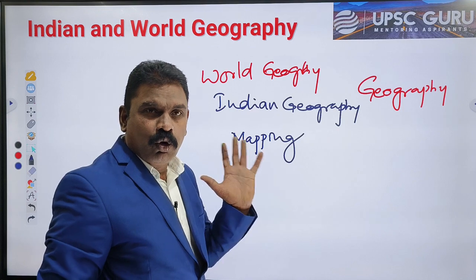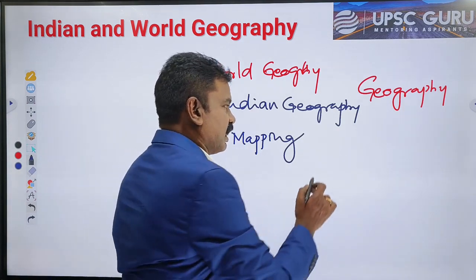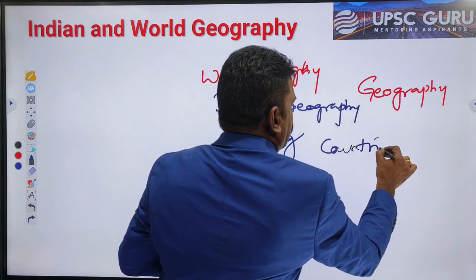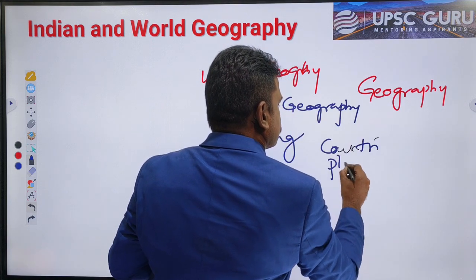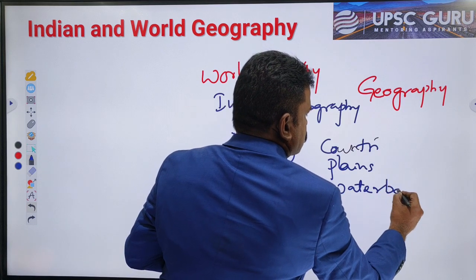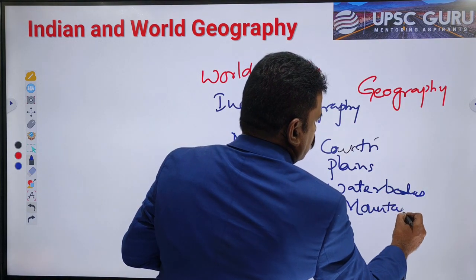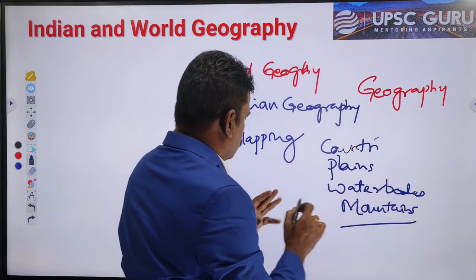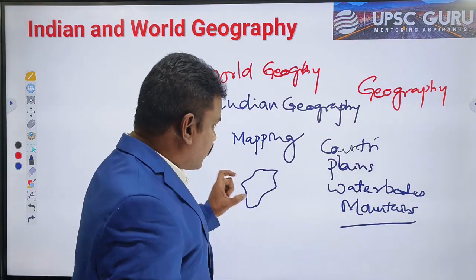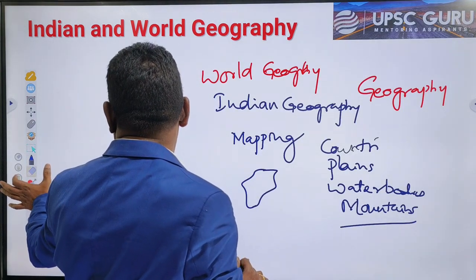Mapping locations, especially the locations of states, locations of countries, and locations of plains, water bodies, and also locations of mountains. Sometimes they may ask one map. After showing the map, they ask what this is, what country this indicates, like that. They are going to ask questions in geography.